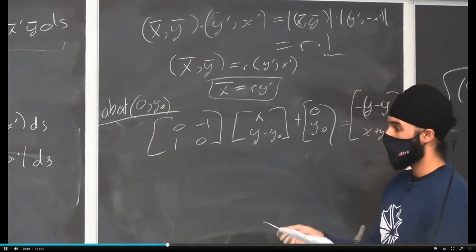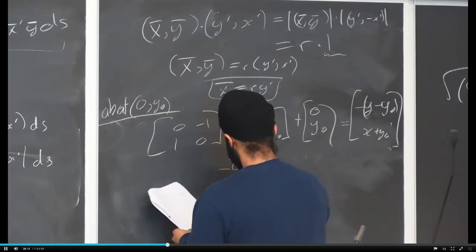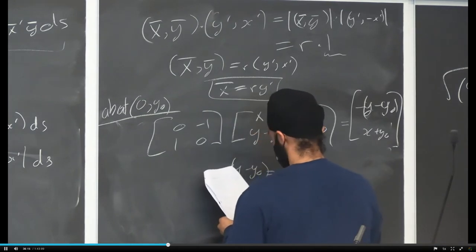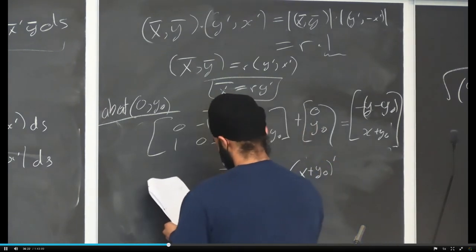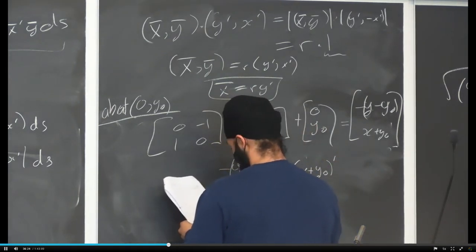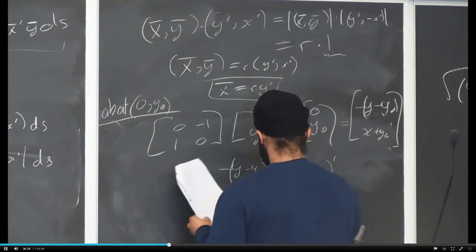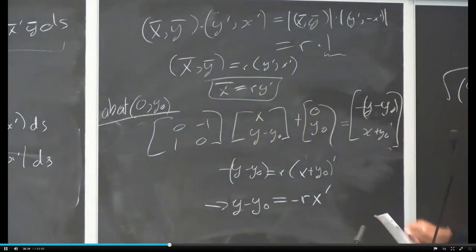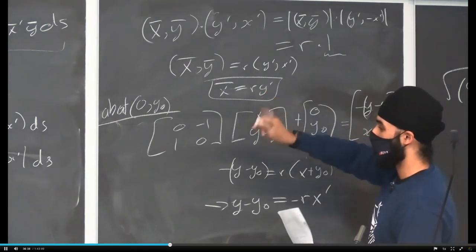And since the rotation doesn't change the radius, we know the radius is still going to be the same. So finally, we get minus (y minus y0) is equal to r times (x plus y0) prime. And let me just write it out, then I'll explain it. Okay. So all of a sudden, this is our x and this is our y. We have this, and it is going to be true regardless because rotation doesn't matter.